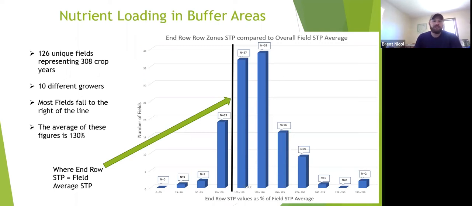So the bar just left of the black line, as an example, that says 75 to 100, that's dictating that 19 fields landed within 75 to 100% of the field average soil test phosphorus. When you average out all of these values, it comes out to 130%, meaning that on average, end rows are 30% higher in soil test phosphorus than the rest of the field.